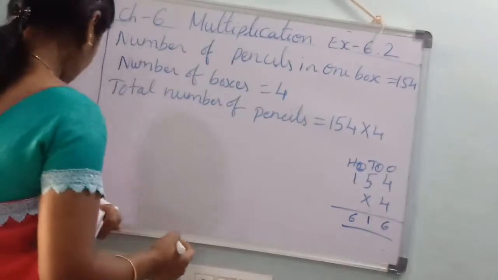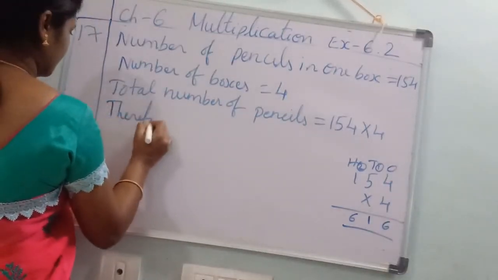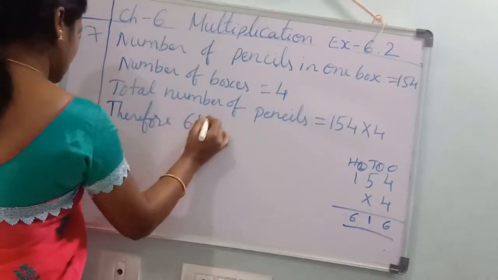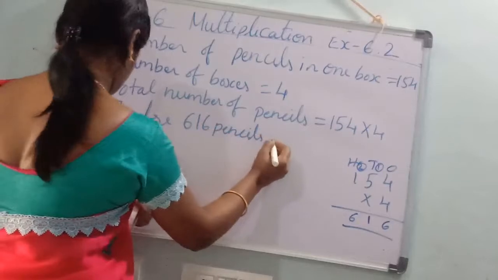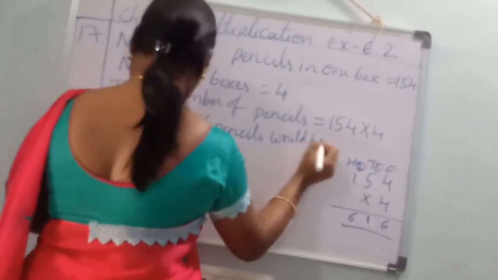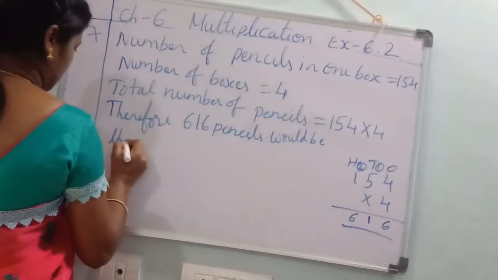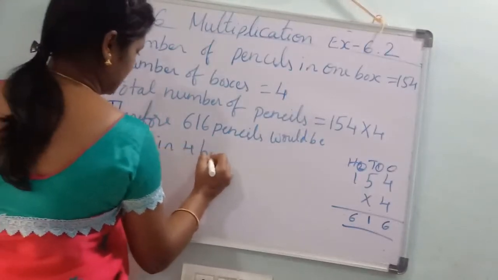Total how many? Therefore, 616 pencils would be there in 4 boxes.